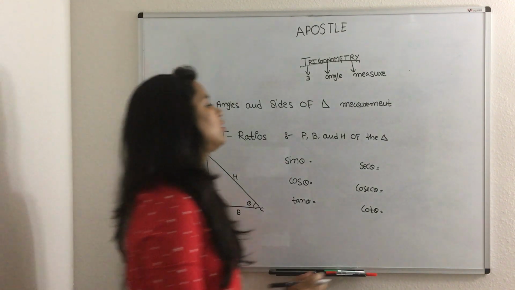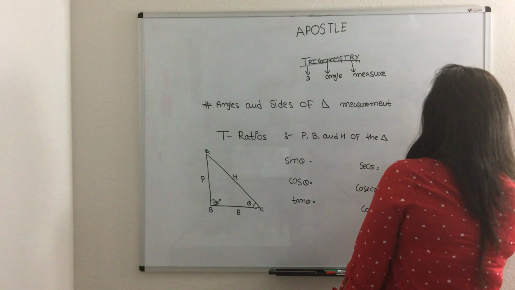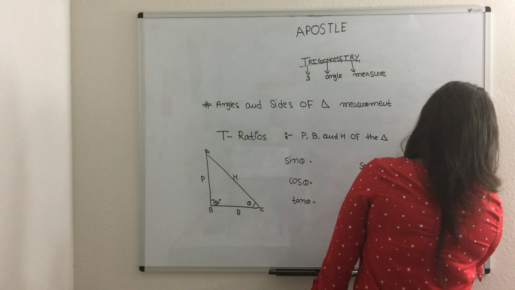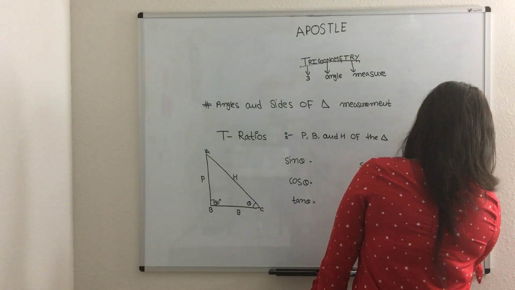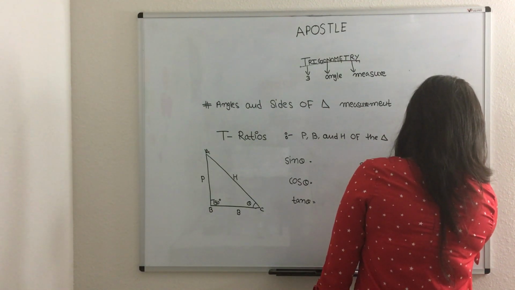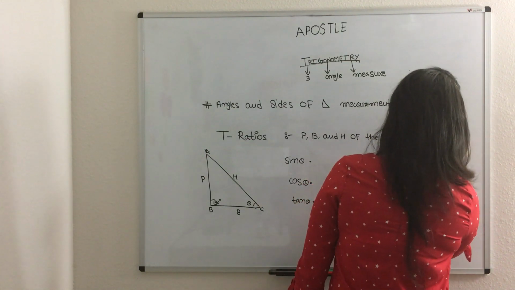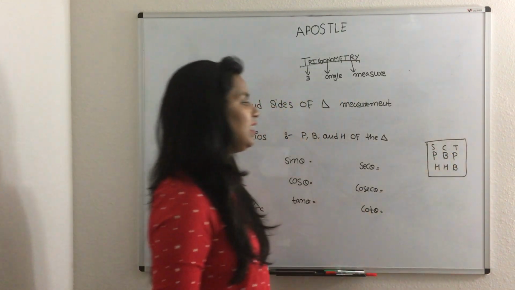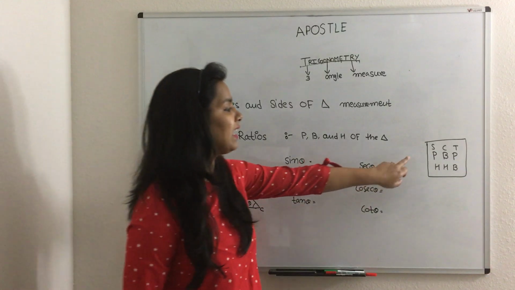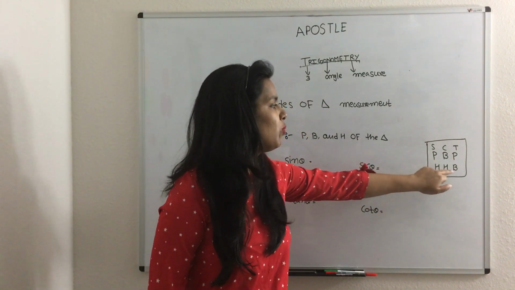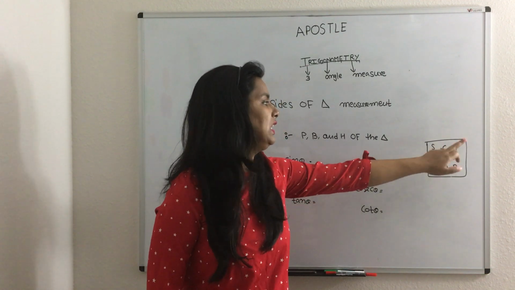We have one shortcut trick. We call it Pandit Badri Prasad Har Har Bole Sona Chandi Tole. This is the complete concept of these T ratios. Students, see this spelling: Pandit Badri Prasad Har Har Bole Sona Chandi Tole.